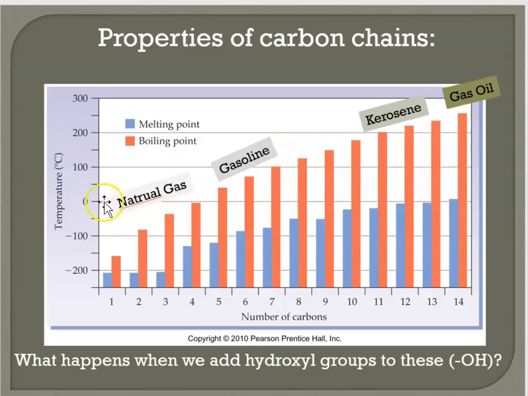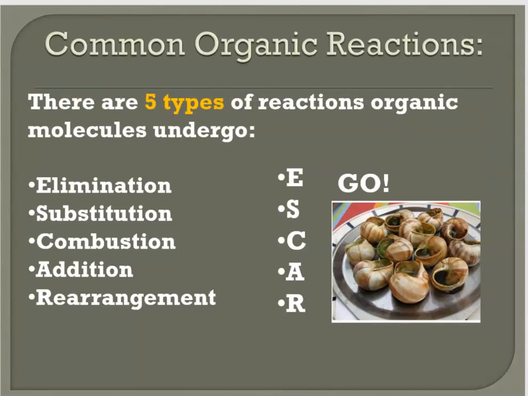As you see in this figure, this is the number of carbons associated with that chain. As we increase to the right, you'll notice that the melting point and the boiling point both continue to increase. That's a result of those London dispersion forces, van der Waals, or the temporary induced dipole-dipole. All the same idea, same intermolecular force with just a different name. So those are the properties of hydrocarbons alone.